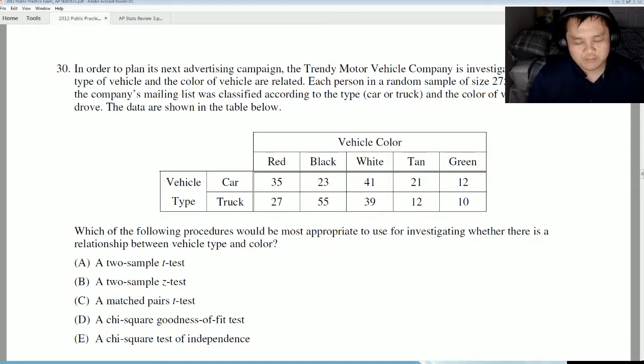But what are you trying to prove there? You're trying to prove that the probability for the type of car should be the same. Yes, in that context. But the reason why in 30 is because they're trying to see if there is a relationship. That's the key word. Yeah, relationship. That's it.